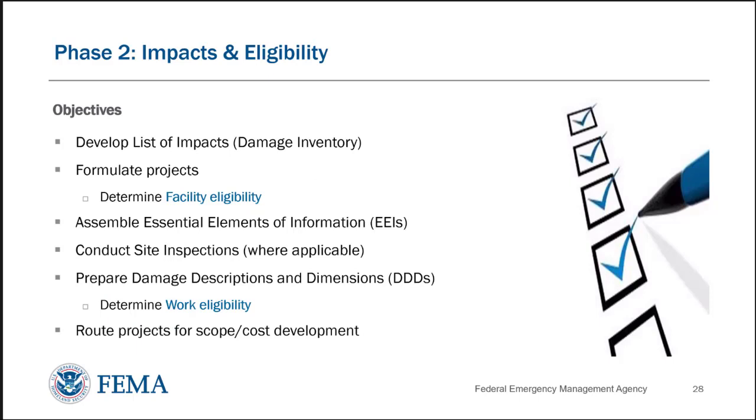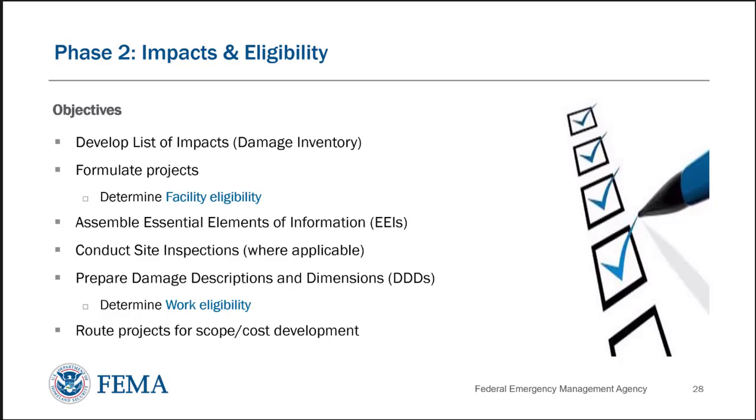Now in phase two, my favorite phase, what you're really doing is developing that list of impacts, that damage inventory, creating those line items. Those damage inventory line items get assigned or put into projects. A program delivery manager is the person who's going to formulate the projects.